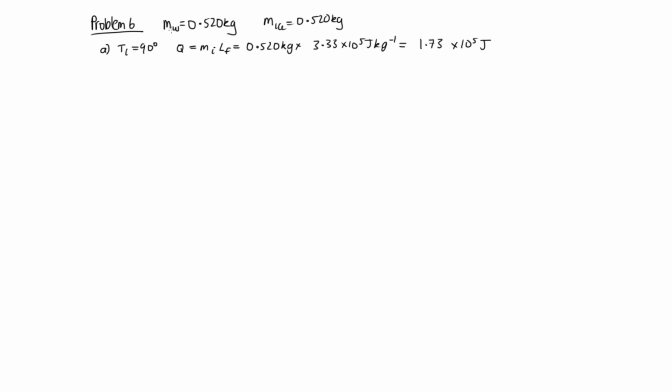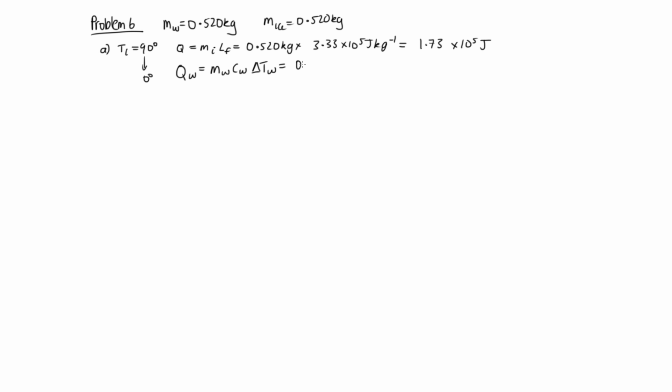Okay, so if we now consider the water, we can work out how much energy it can release when it cools from 90 degrees to 0 degrees, and we can compare that to this number to see if all the ice melts. So the heat which can be released from the water is given by the mass of the water times the specific heat of water times the change in temperature of the water, which is going from 90 to 0. So that's 90 degrees.